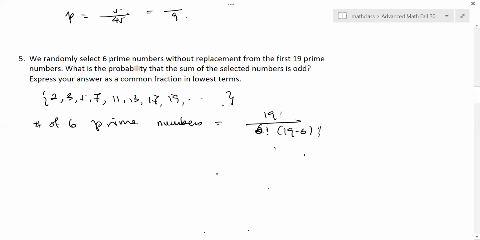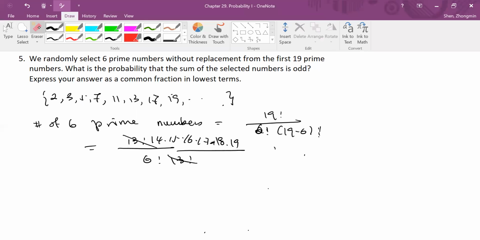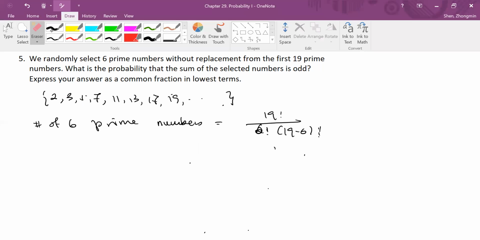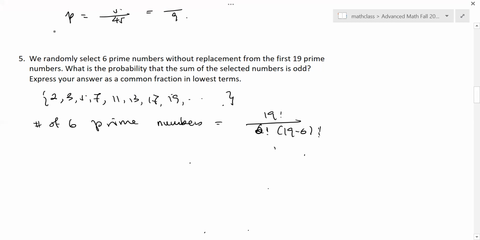So if you simplify it, that will be 19 factorial, 13 factorial times 14, 15, 16, 17, 18, oh my God, 19. And this is 6 factorial and the 13 factorial. 13 factorial is gone, but 6 factorial remains. But it's a pretty large number. Okay. Maybe I just want to keep the original one, before I simplify. Let's keep it. Don't simplify it until we put them in the fraction.